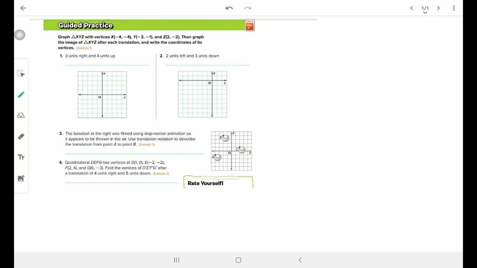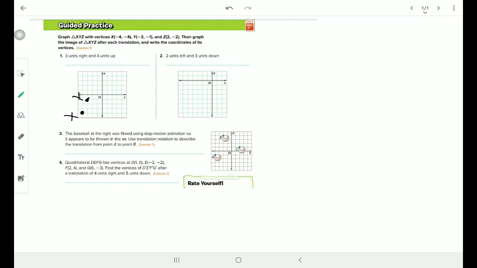So I'm going to go ahead and plot those points. I'm going to go -4 on the x, and then -3 on the y, and I'm going to put a point right there, and that is coordinate X. Y is -1, so I'm going to go down one more. So that is the Y point.